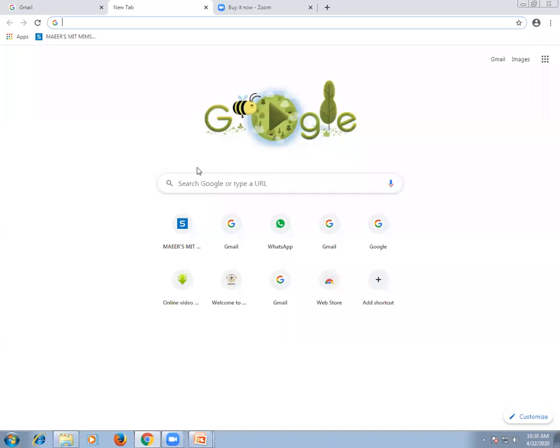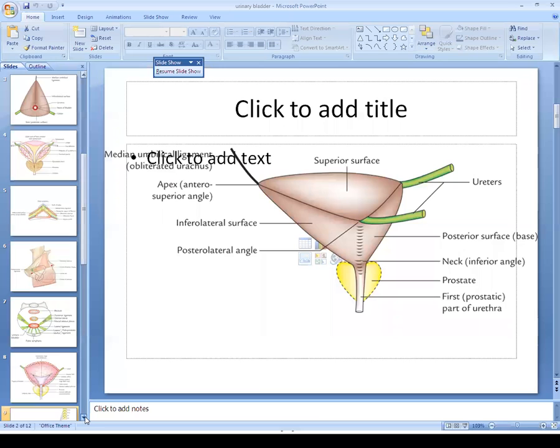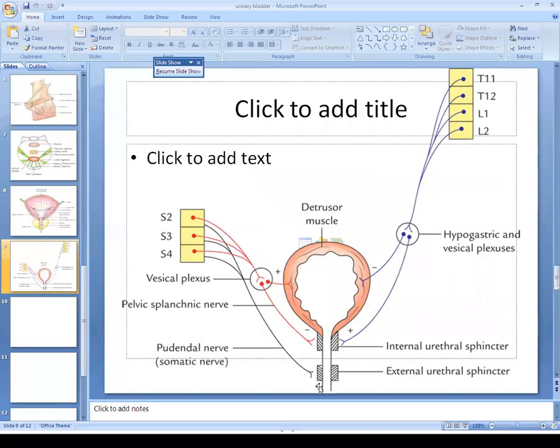Then third, the somatic nerve supply is by the pudendal nerve. The pudendal nerve supplies the external urethral sphincter, which is a voluntary sphincter.